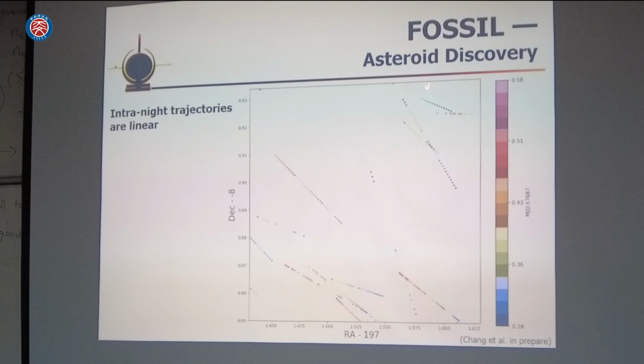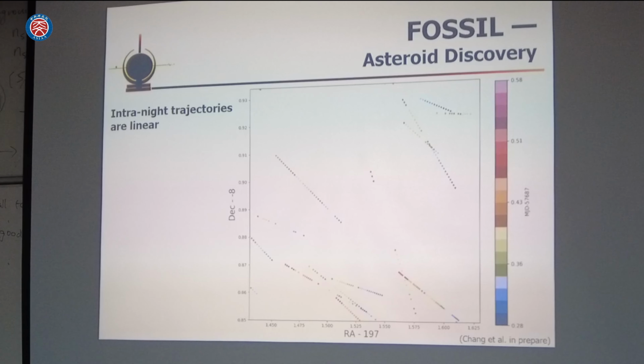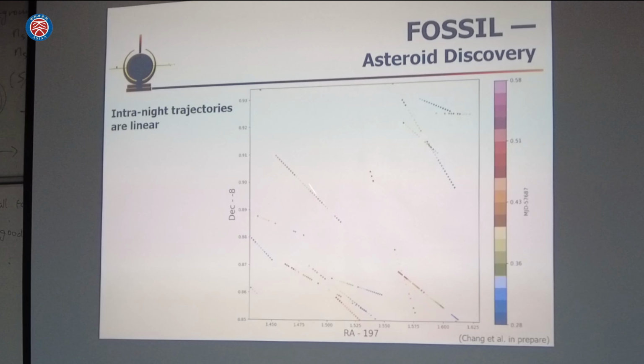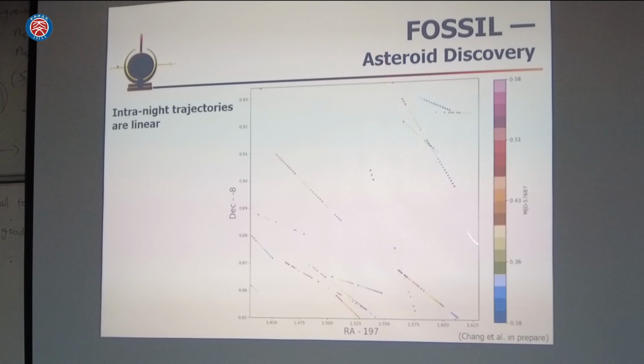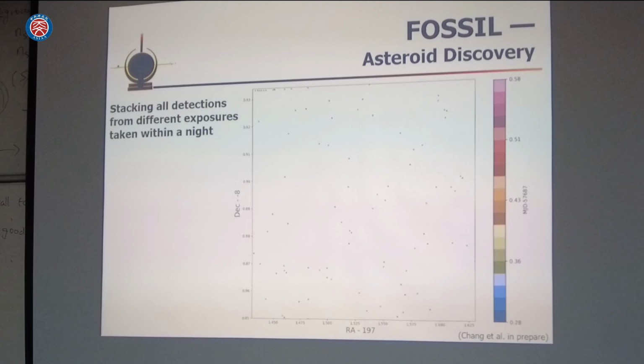If you stack the detections of asteroids from the observations within a night, their detections will eventually line up as a line, and the color means they are in different epochs. In this way, we can try to identify them. Let me show you the animation.